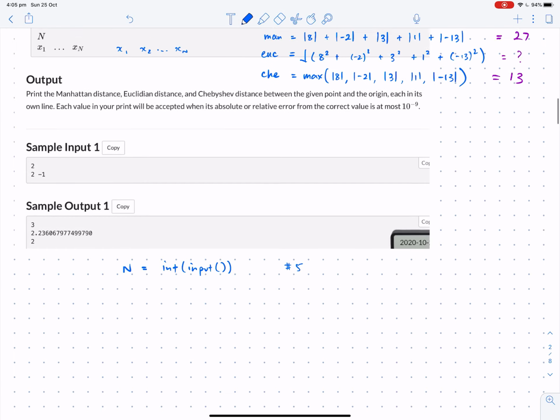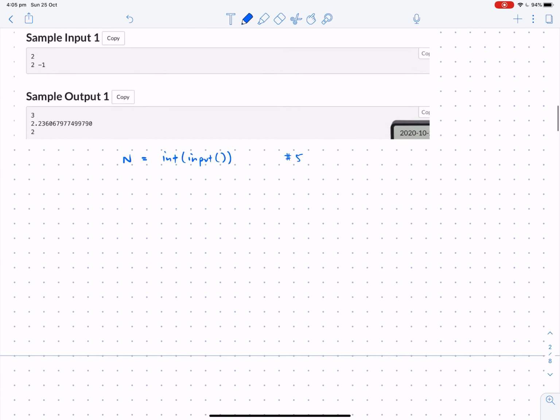Well, I'll just say capital X is int little x for x in input split.